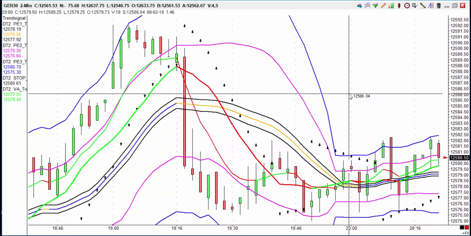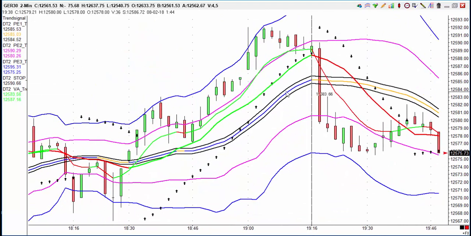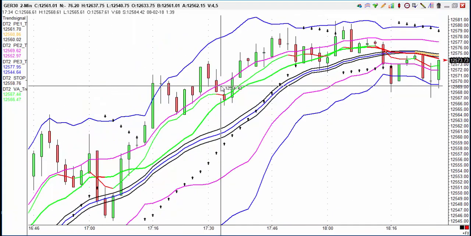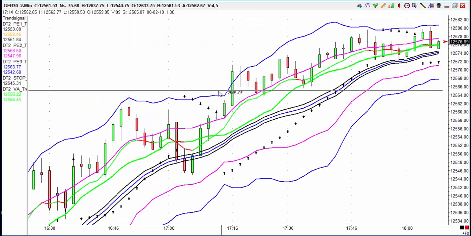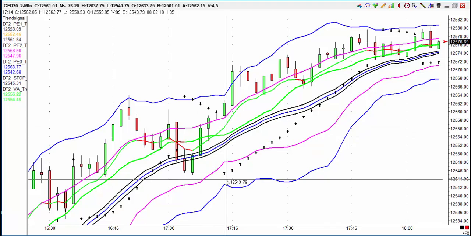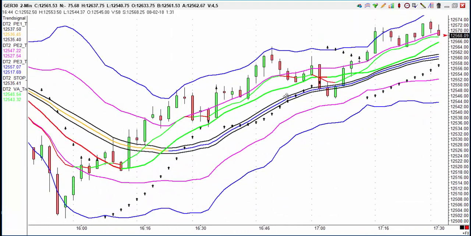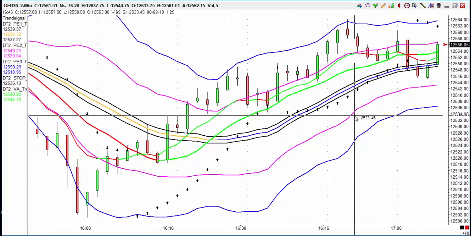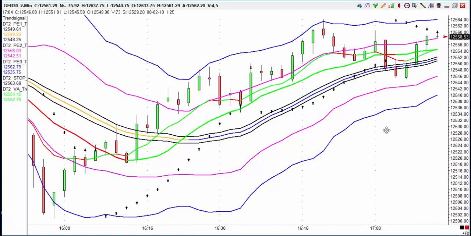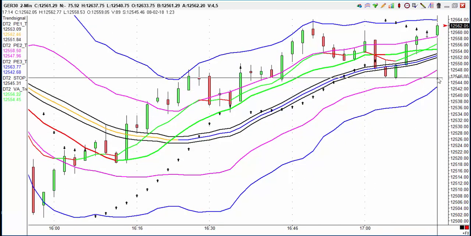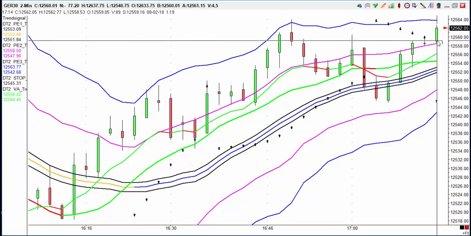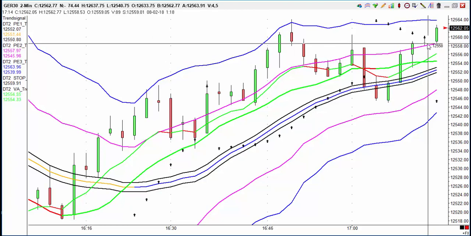Let's have a look. So long trade. So here we go. Here's one. Arrows are down. Then flips the other way. We know we've got a potential long trade. So when the candle opens, step back.